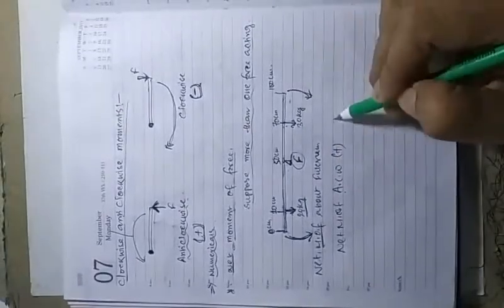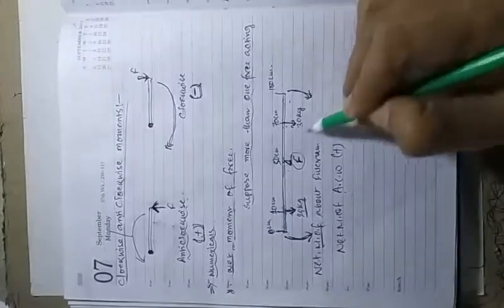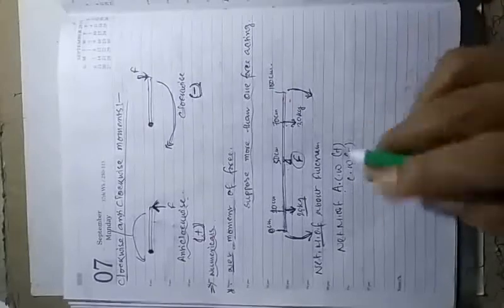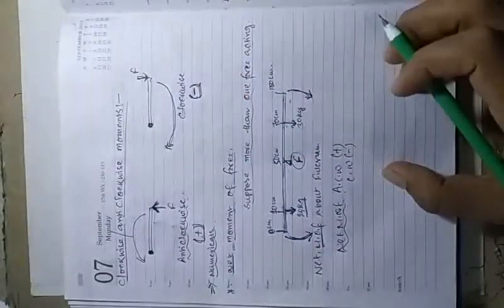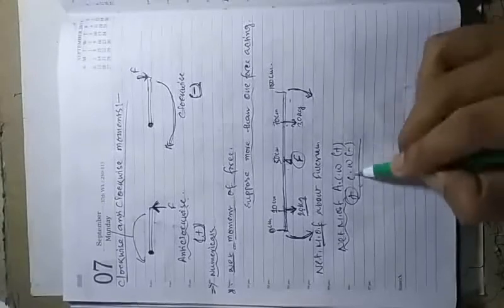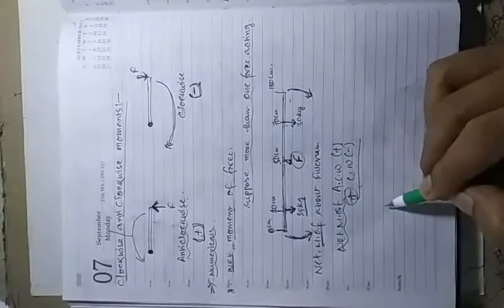The weight is acting downwards, so that is clockwise, means minus. So net moment of force will be left side anti-clockwise moment of force plus right side clockwise moment of force. One is plus, another is minus. So if we add these both, then we will get the net moment of force.